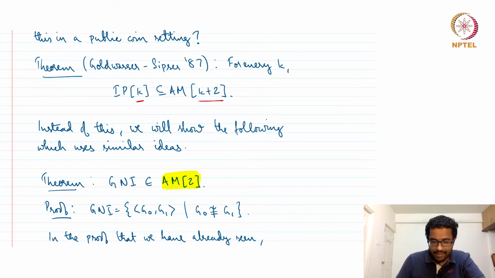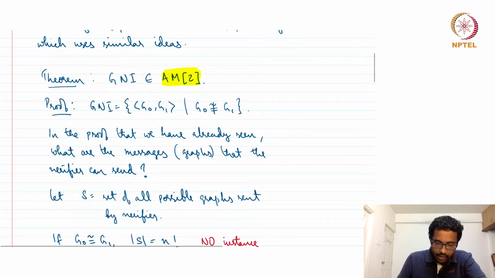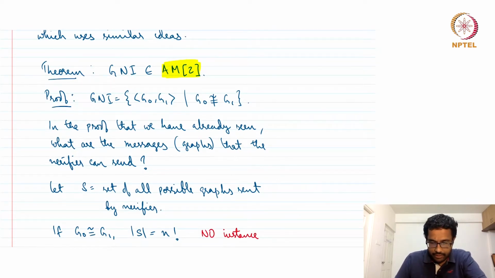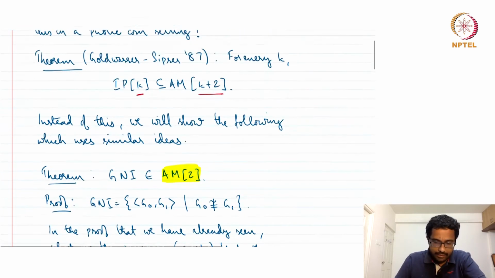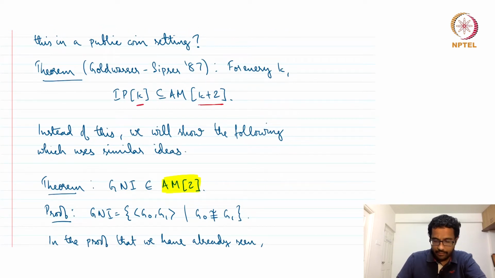It is probably more instructive or simpler to see this for a specific problem rather than the general situation, so the proof will be easy to follow once you understand this. So the result that we will see, again Goldwasser-Sipser's, is that graph non-isomorphism has an AM proof system with 2 rounds.